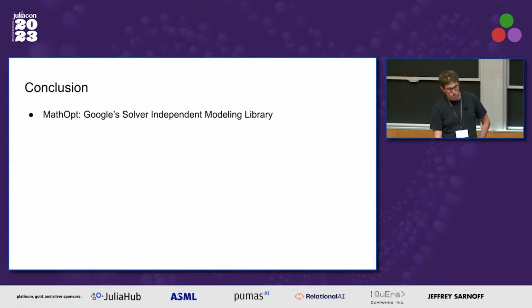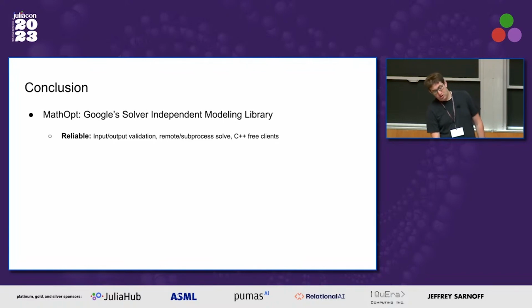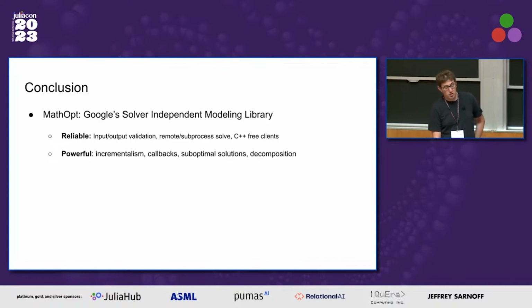Okay, so to wrap up, MathOpt is Google's solver-independent modeling library. And what were our 3 goals? Reliability. How do we achieve this? Input-output validation, solve in a subprocess, and write your clients without any C++ on the client. This is the best way to not have a seg fault in your code.